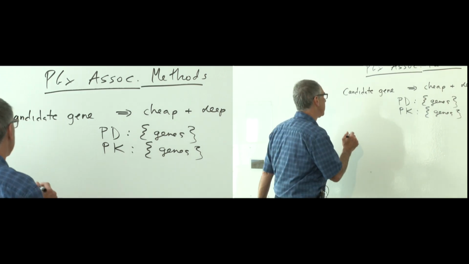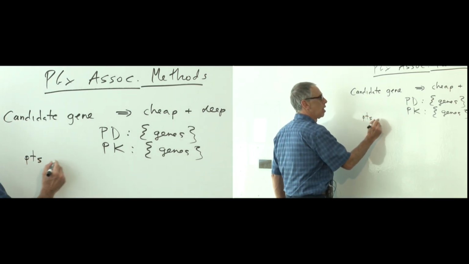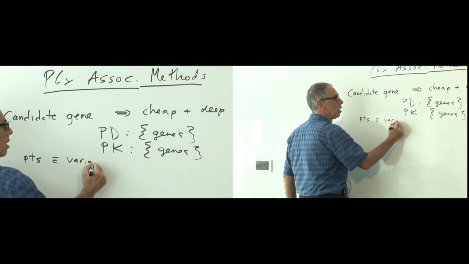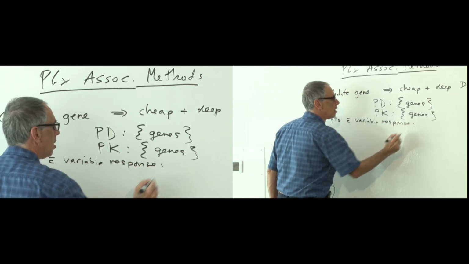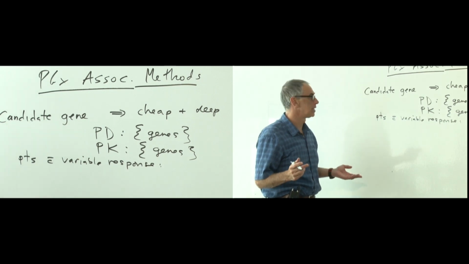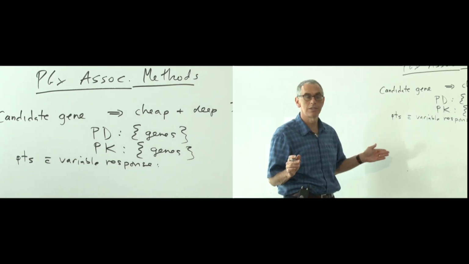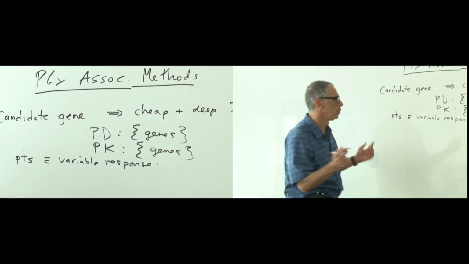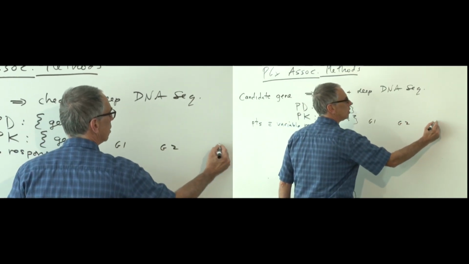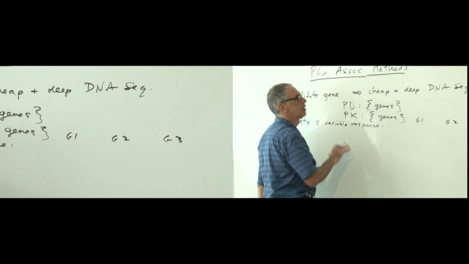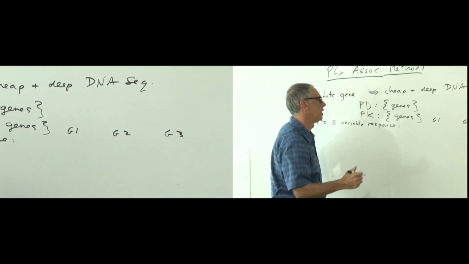You still need patients with variable response to drugs. But now what we're going to do, for example, is sequence all of these genes. So we take these genes. We have gene 1, gene 2. Let's just say it's 3 genes on this list. Usually it would be more than that, 10, 50.